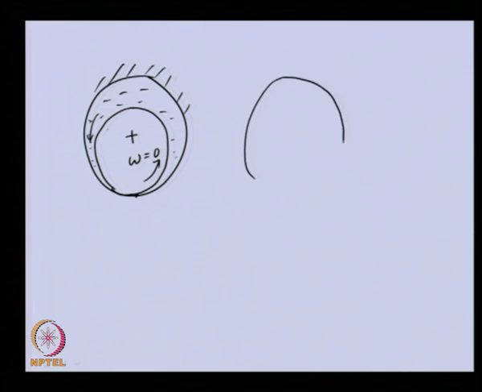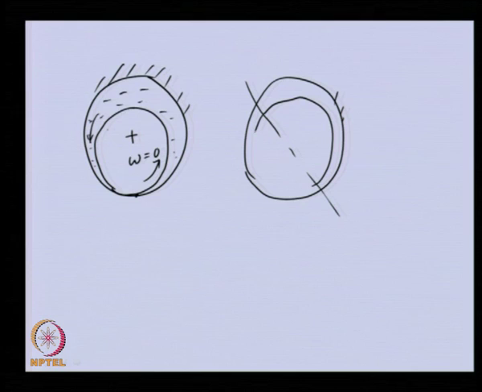So, I am drawing a configuration in which the journal is rotating at a particular speed, and it has taken some equilibrium position inside the bearing.